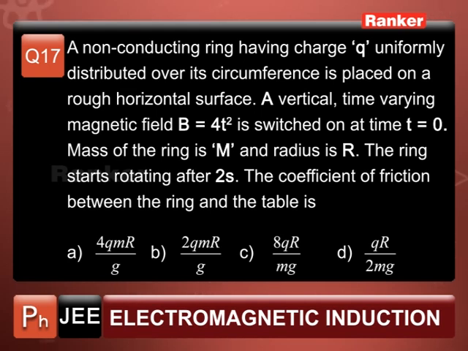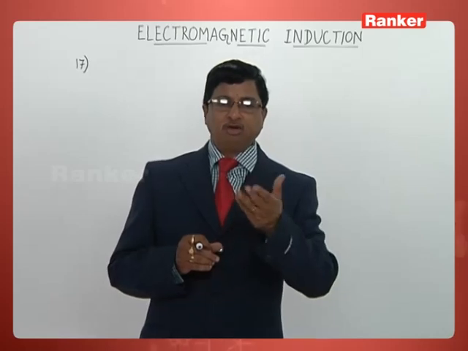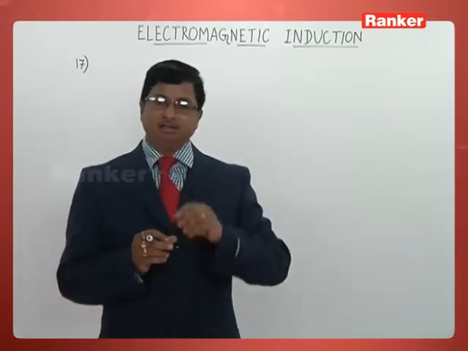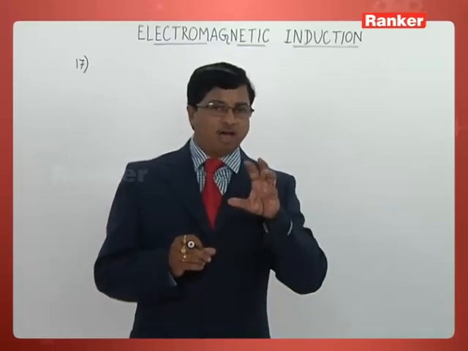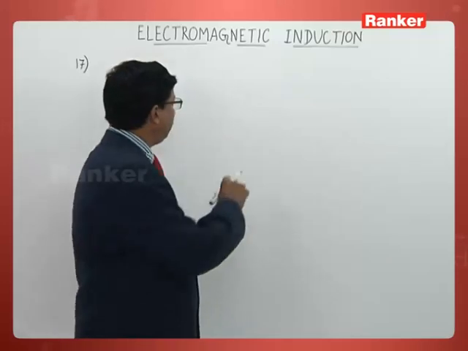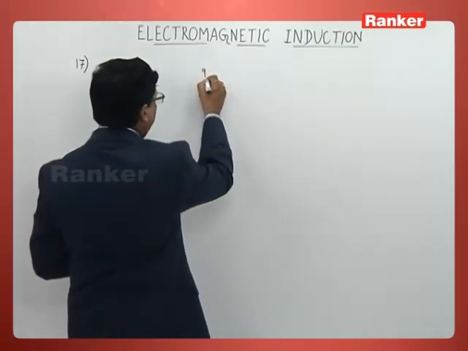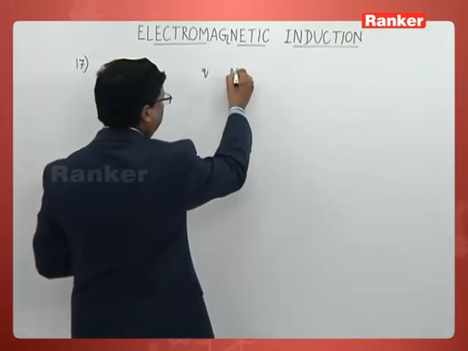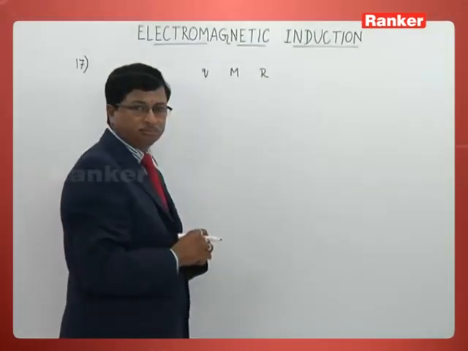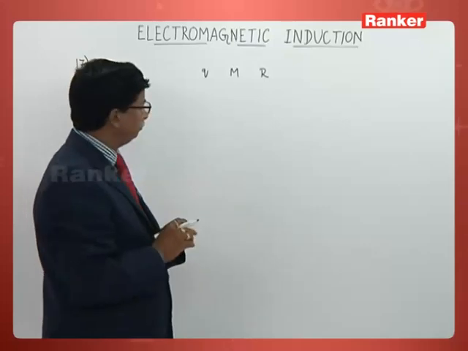One thing you should understand here: a non-conducting ring having a charge Q, and of course he has given it placed in a magnetic field, charge given Q, mass given M, radius given R. These are the values.